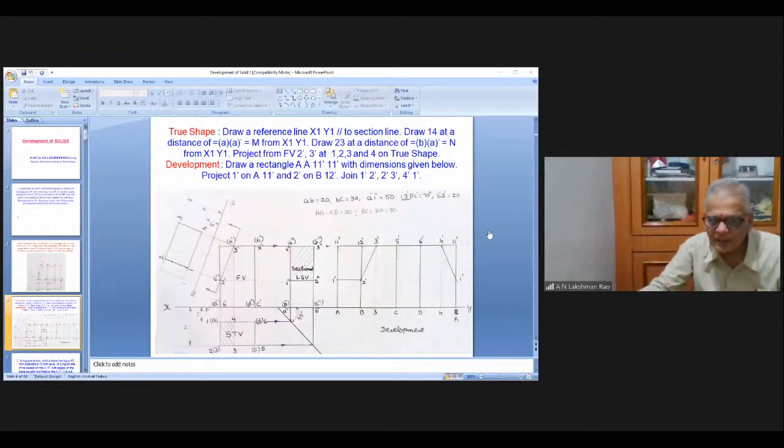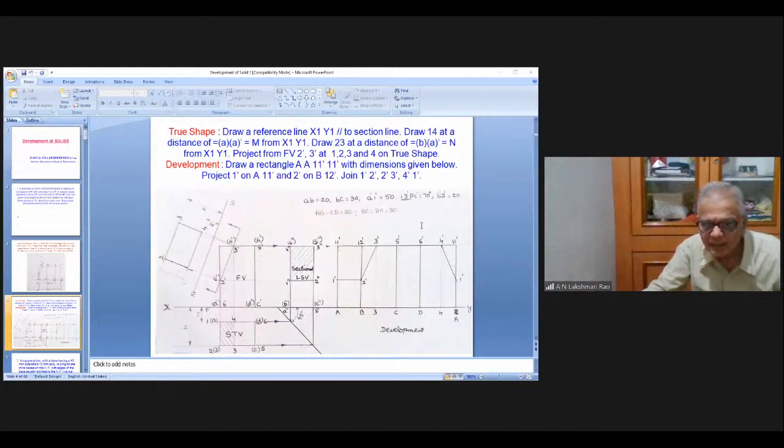Now, see, for clarity, I have redrawn here. This is first phase, second phase. Again, from here I am continuing. What I do is, I take the centroid, center of the cube. From here, draw a vertical line.